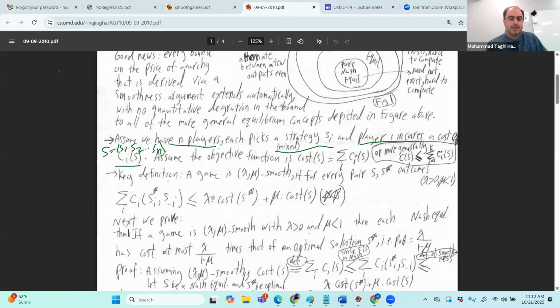Each person takes a strategy, and person i takes a strategy Si, which can possibly be mixed. Assuming the objective function, the cost of S would be the sum over all i of Ci(S).